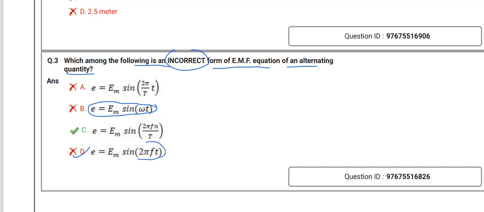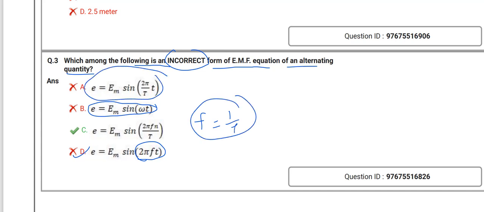Okay, 2 pi f t, and we know that frequency is 1 upon T. Then we can write the first option also, that E equals Em sin 2 pi upon T into t. Okay, so option C, 2 pi n upon T, this option is a wrong option, so the answer is C.